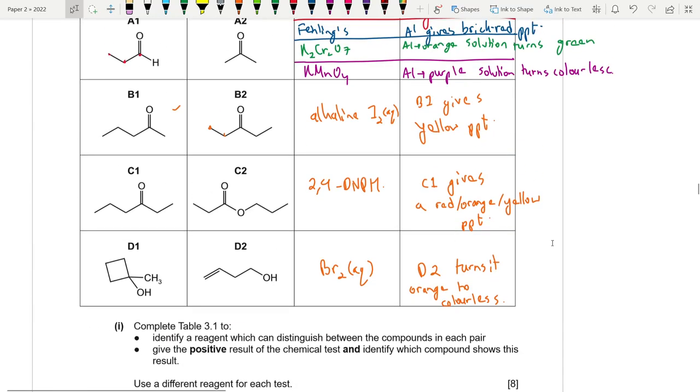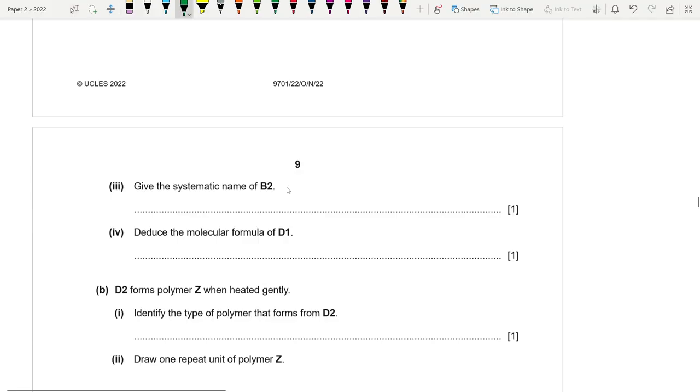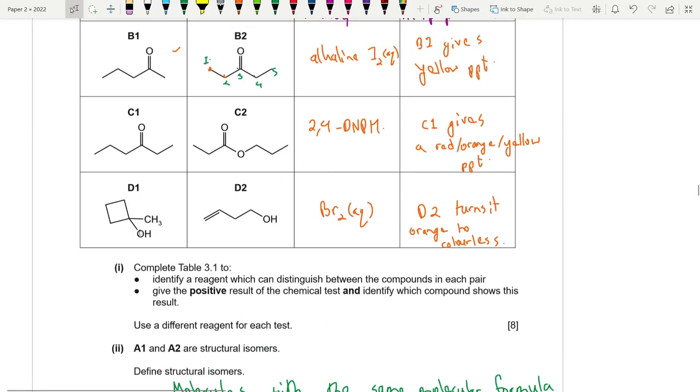Give the systematic name of B2. So B2, I just told you guys, it's a 5 carbon ketone. So that's pentanone, specifically pentan-3-one. Next, give the molecular formula of D1. So D1, what is this compound? This is CH2, CH2, CH2.